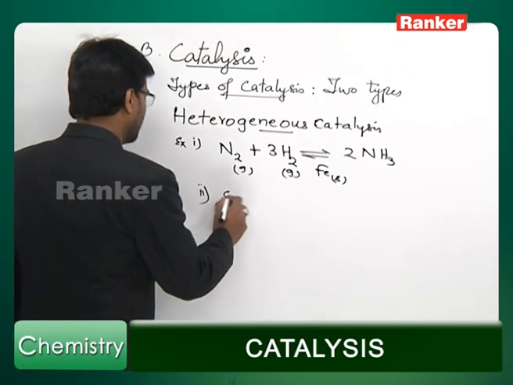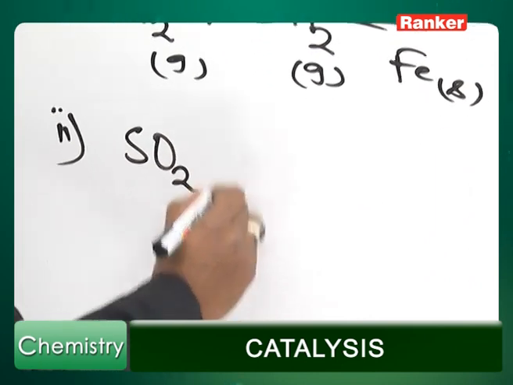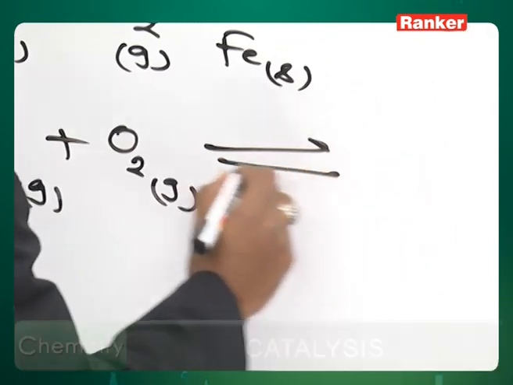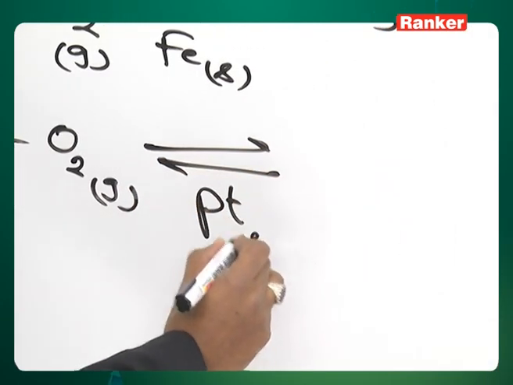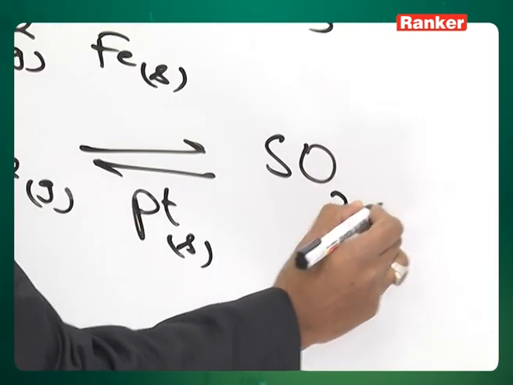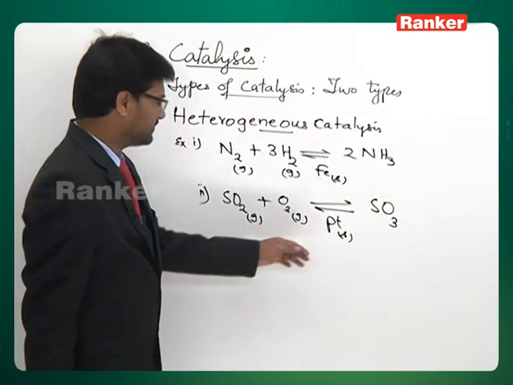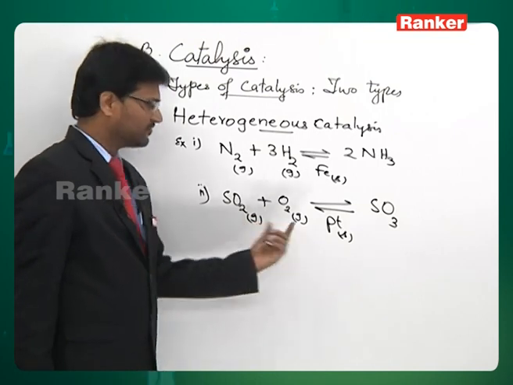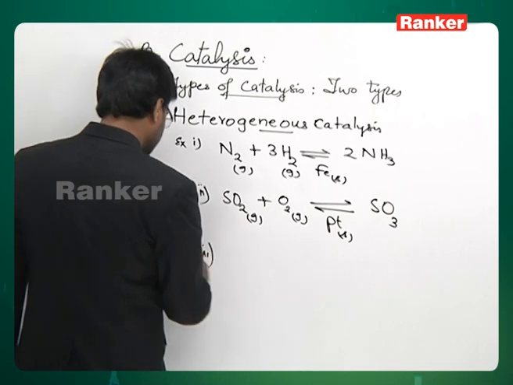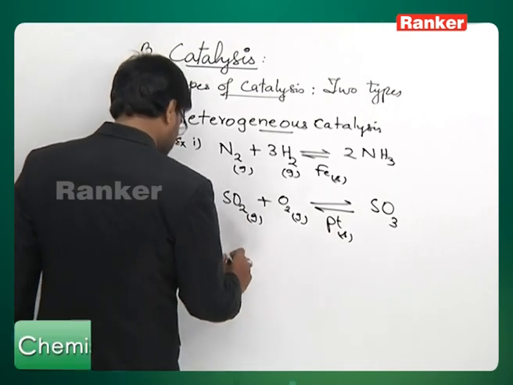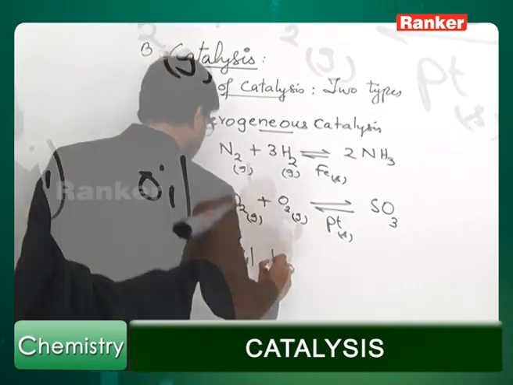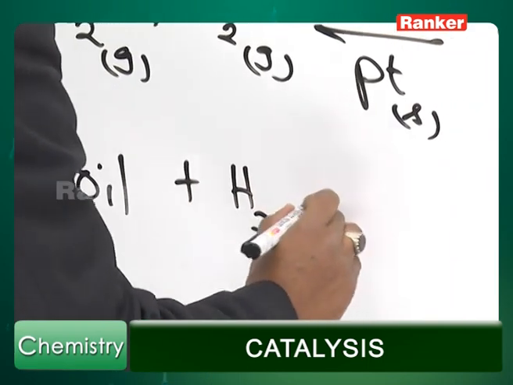Example 2, SO2 is a gas, reacts with O2 gas in presence of platinum solid. This is a catalyst, platinum, and you get SO3. So this is again a case of heterogeneous catalysis. As you can see, the reactants are in the gas phase, whereas the catalyst is a solid. Number 3 in the list is oil, that is vegetable oil, plus hydrogen gas.